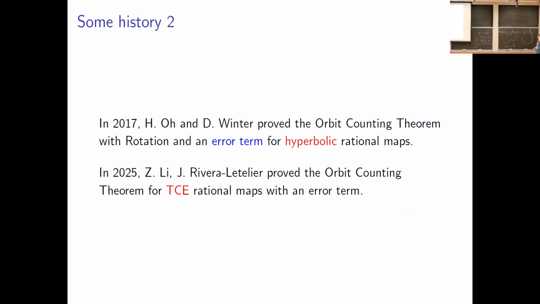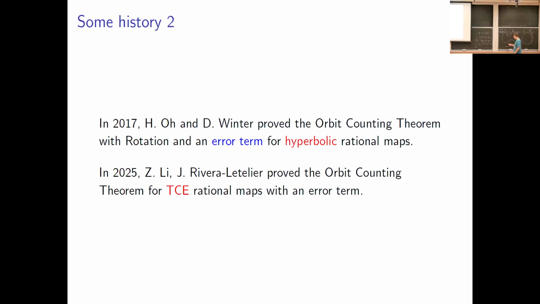So now here's some more history. In 2017, Oh and Pollicott proved the orbit counting theorem with rotation, with an additional error term, but only for very special regular dynamical systems.